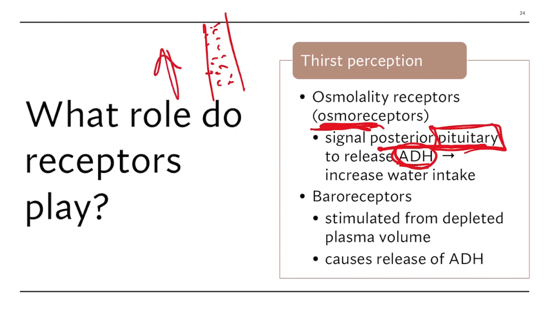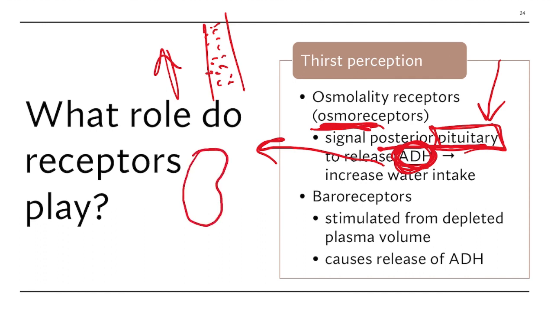They trigger the pituitary gland to then release more antidiuretic hormone, which then causes the kidney to reabsorb more water than it normally would. That more water goes into the vascular space, and then it's going to dilute some of these particles that are in here.